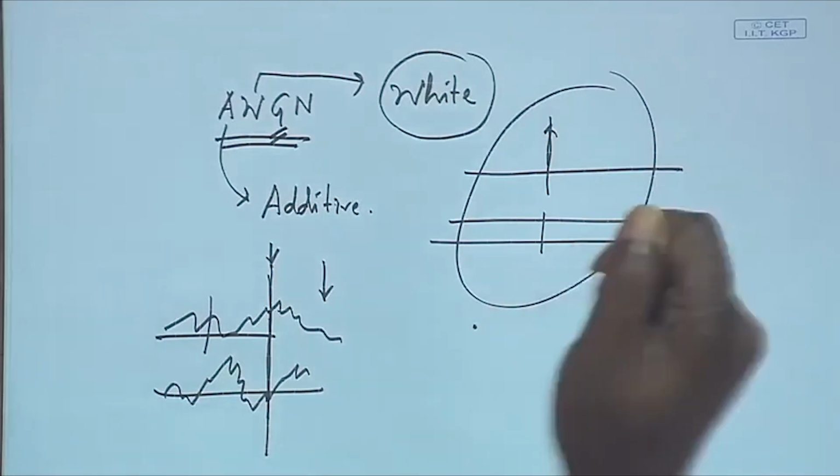So what does that mean? At any sample time, if you take all the ensemble, put them in a histogram and normalize them, the PDF you get will look exactly like a Gaussian PDF with a particular sigma square, which is actually the power.